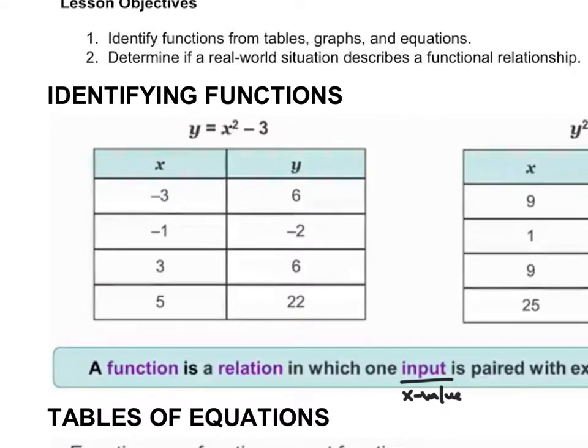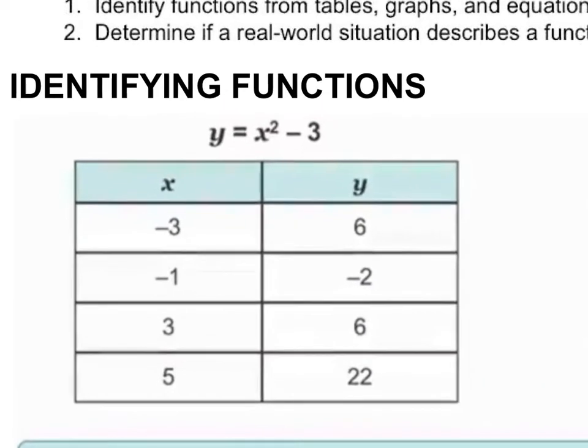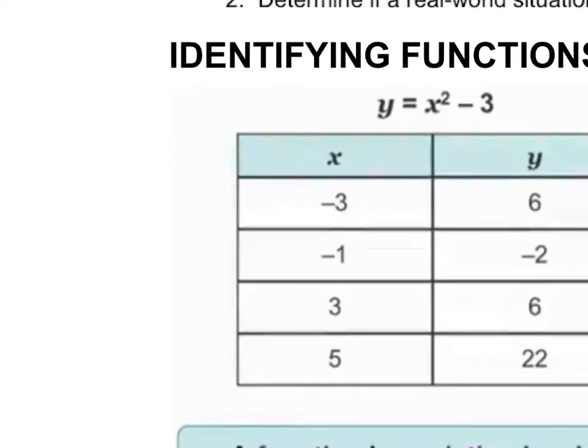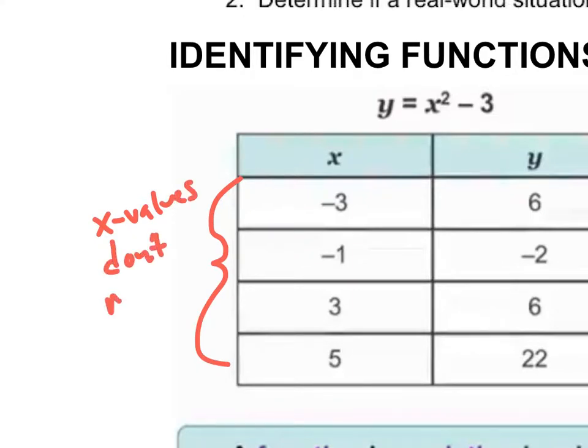So let's talk about identifying functions. We had that definition where every x value is paired with exactly one y value. The one thing we have to look at is that the x values don't repeat. They're all unique.